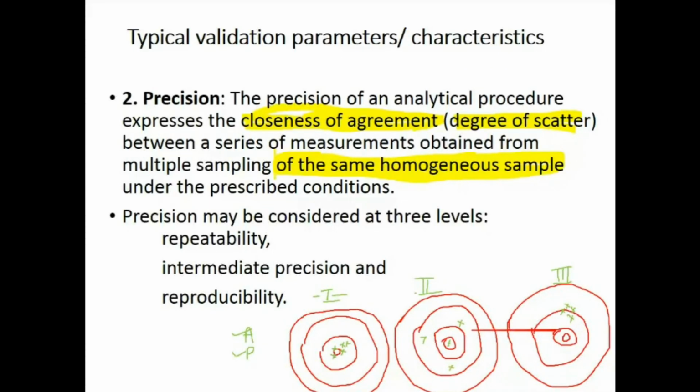Now see the second case. All 4 points are scattered. So the degree of scatter is very high, so there is no precision in the second case. What about accuracy?